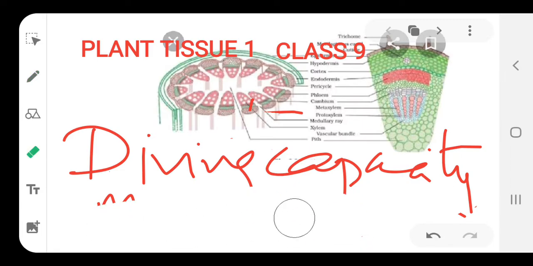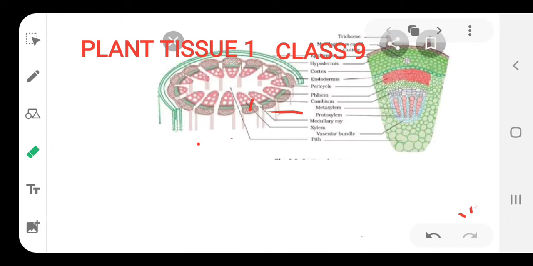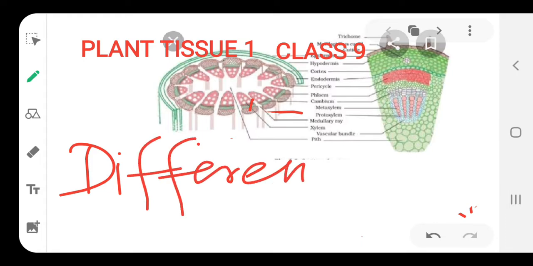Before we take meristematic tissue and permanent tissue, there is one word you should know, called differentiation. Write it down. Normally we ask what is differentiation.